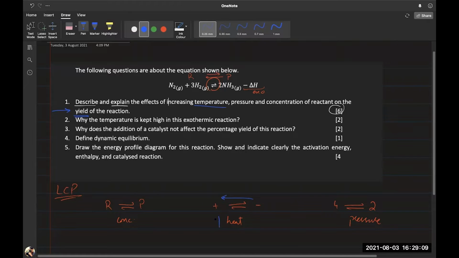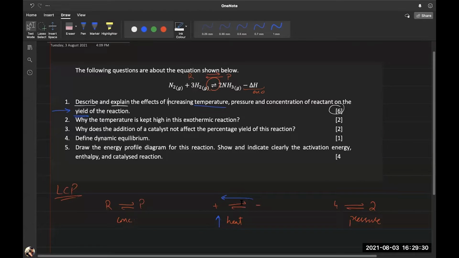So increasing temperature moves it to the left. The answer will be yield goes down. That's the description. Explanation: the energy supplied is being absorbed, so it moves to the endothermic side. The equilibrium shifts left because it's going to absorb energy.